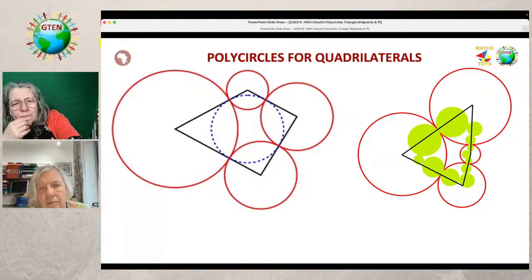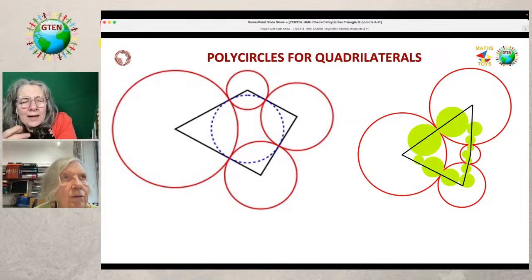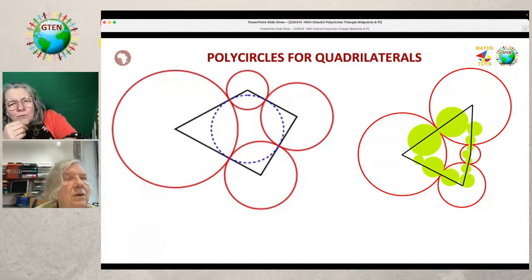The polygon is formed by joining the centers of those 4 circles, but then these other little circles are just the necklace. We could have different size circles, as long as they touch. We would have a 12-sided polygon, a dodecagon, because there's 3 times 4, that's 12.